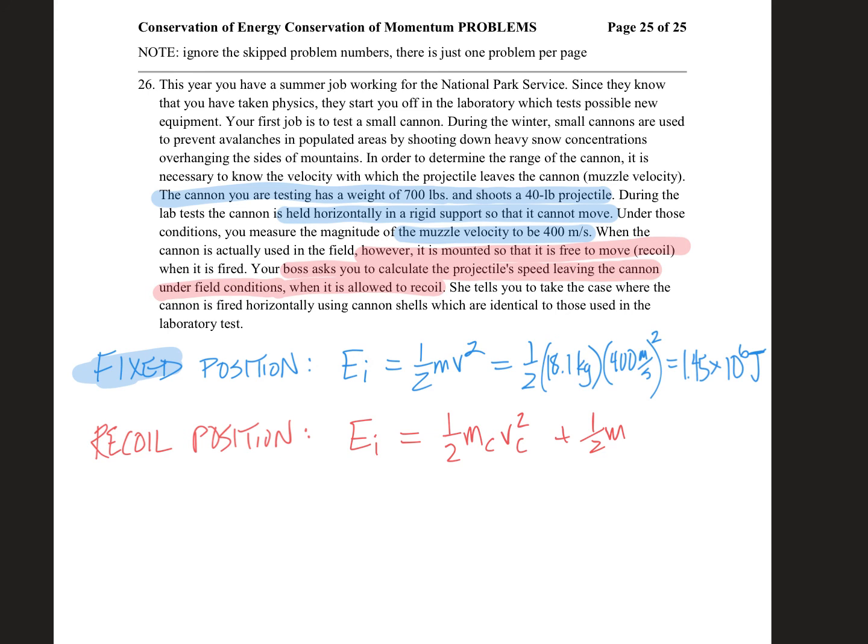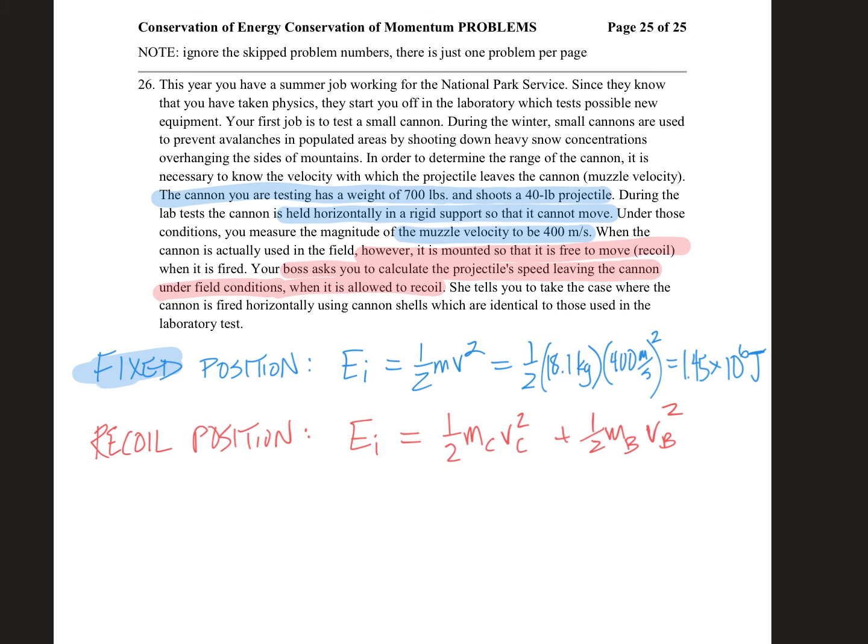C is for the cannon, B is for the ball. So the cannon will have some kinetic energy with its mass, and the ball will have some kinetic energy associated with its mass.